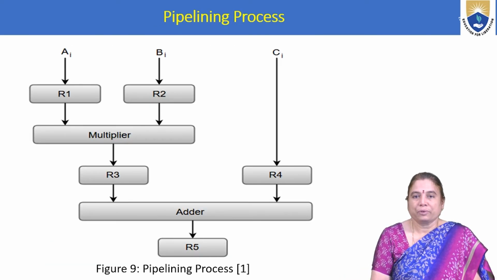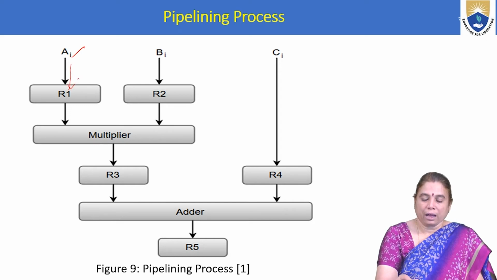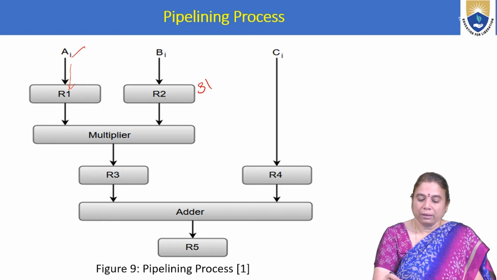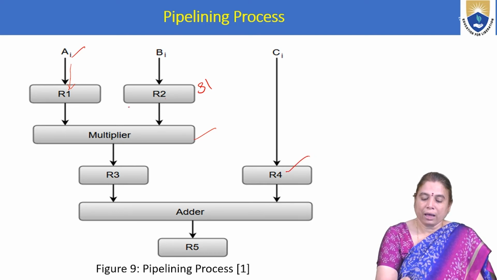So how can this process be achieved? During the first step, the A value can be moved to the register R1, and the B value can be moved to the register R2. So this is segment 1. In the second segment, the multiplication can be performed and at the same time the C value can be moved to the register R4. Here R1 and R2 can be multiplied with the help of a multiplier circuit, and the result is stored in R3.